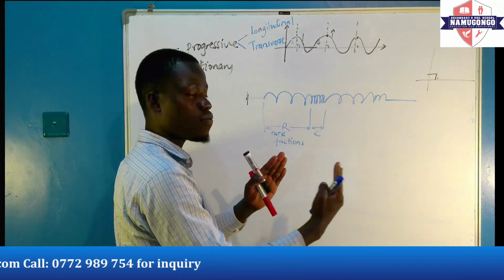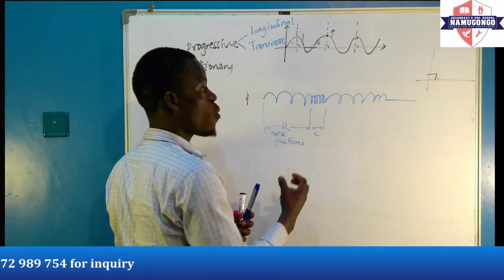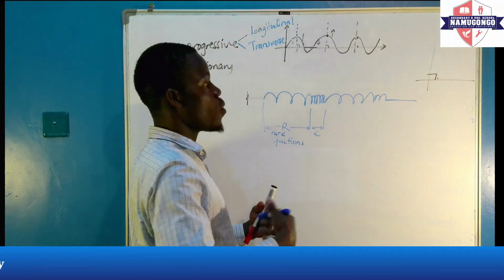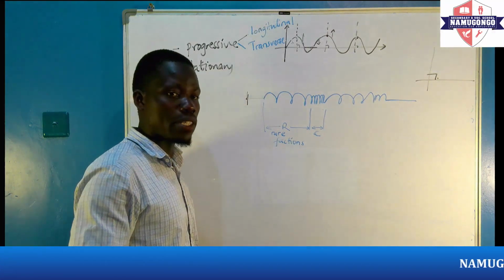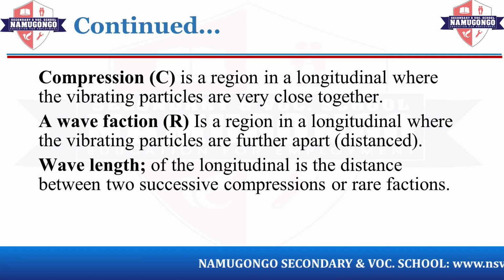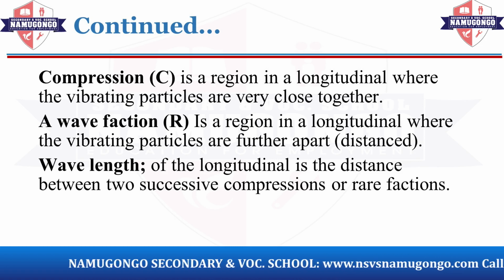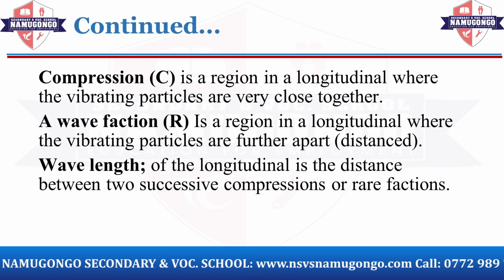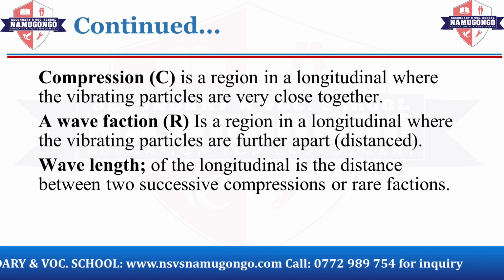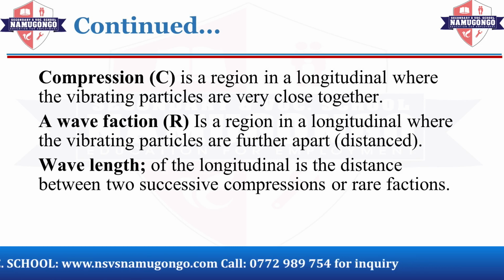Where we have narrow gaps, these are compressions. So a compression is a region in a longitudinal wave where the wave particles are tightly bound, or very close to one another.